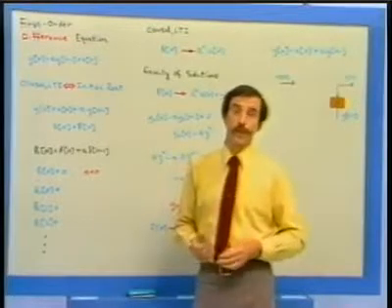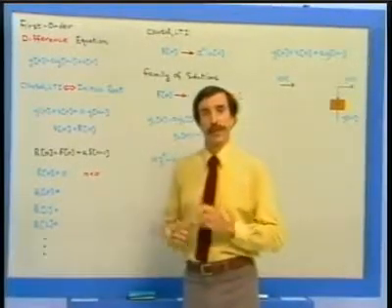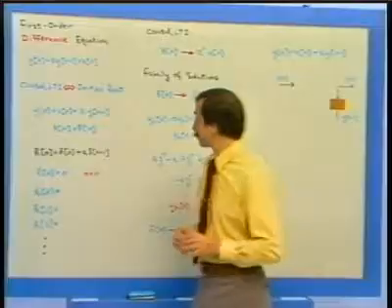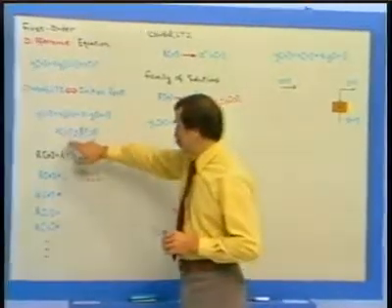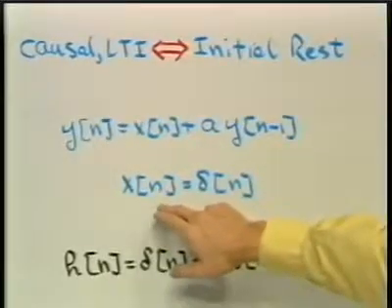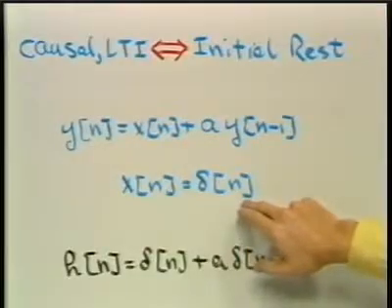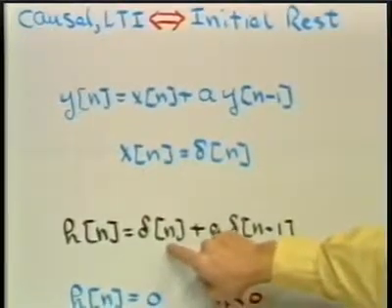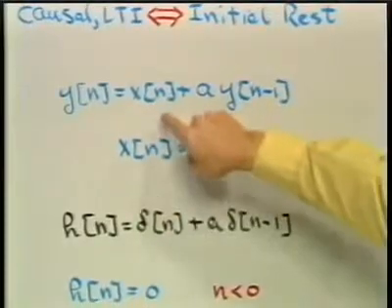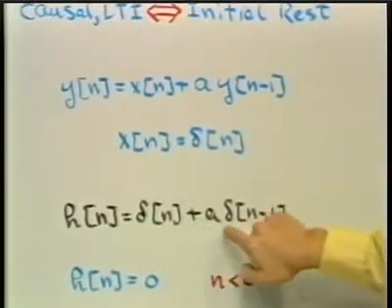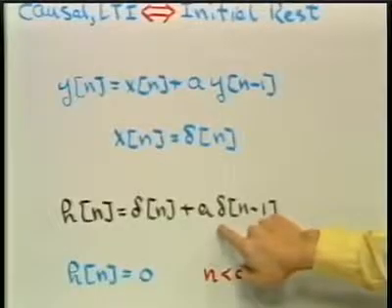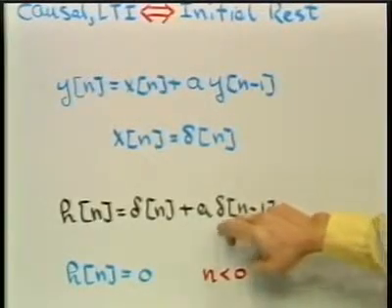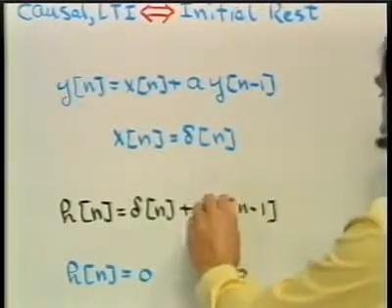And we know, of course, that the impulse response tells us everything that we need to know about the system. Okay, so let's choose an input which is an impulse. So the impulse response is delta of n, corresponding to the x of n up here, plus a times h of n minus 1. This should be h of n minus 1, and let me just correct that.